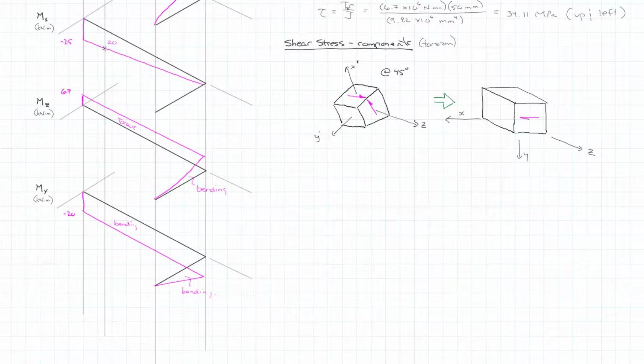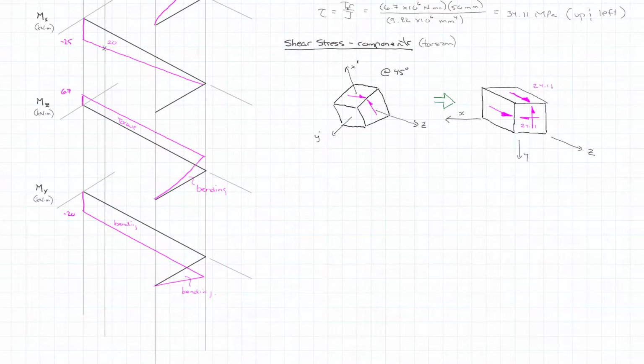The component that's going to the left is 24.11, as is our component that is going up, as this would be a symmetric transformation, and that would also have a value of 24.11.